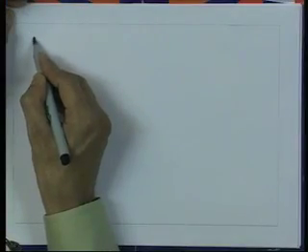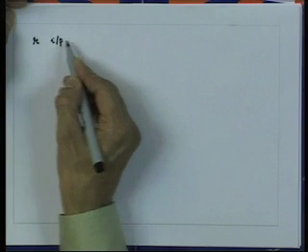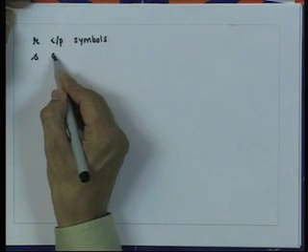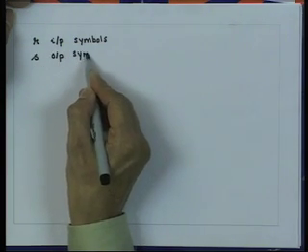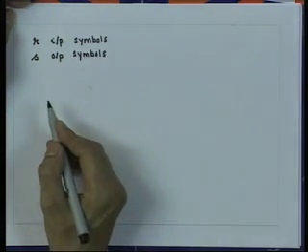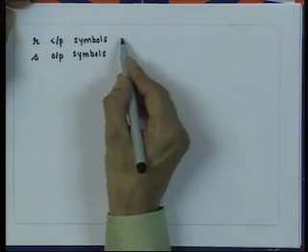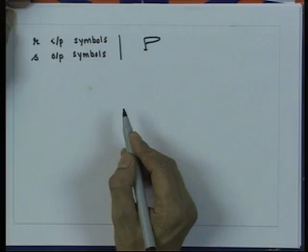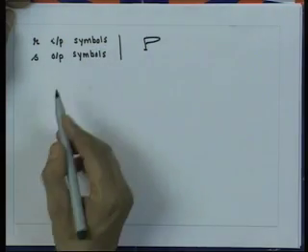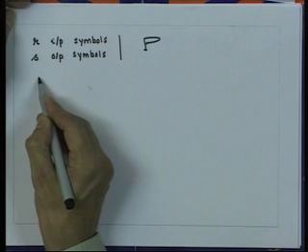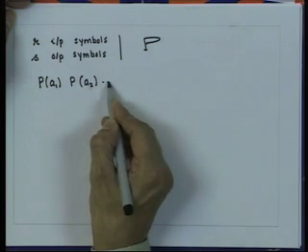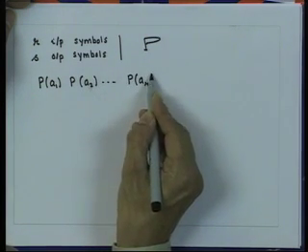So let us consider an information channel with R input symbols and S output symbols, and this channel is defined by the channel matrix capital P. Now let us select the input symbols according to the probabilities P(A1), P(A2) up to P(AR).